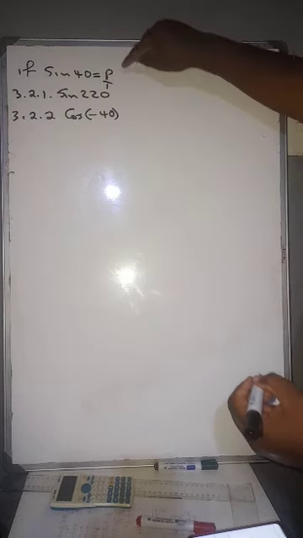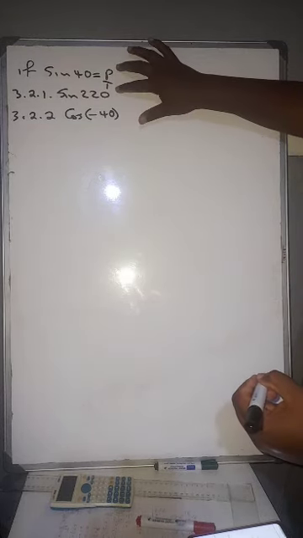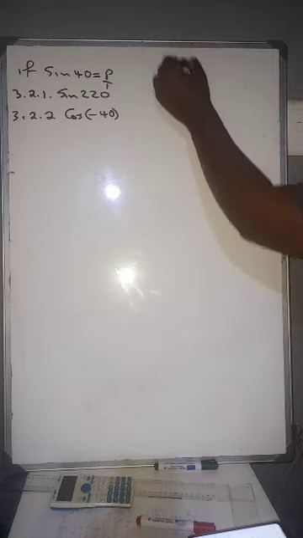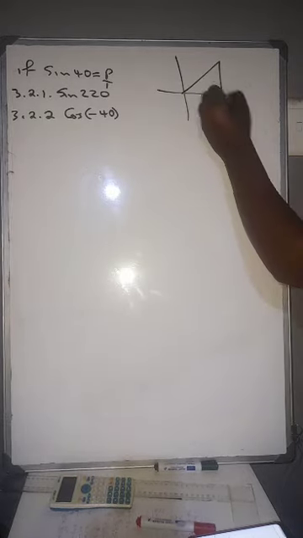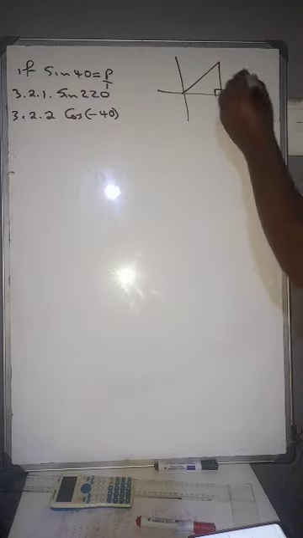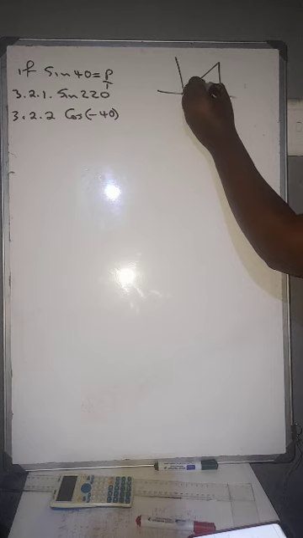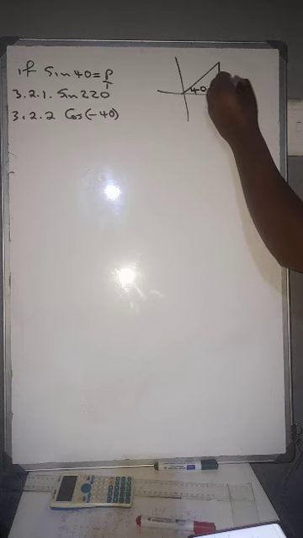So sine 40 is equal to p over 1, and you draw your diagram in the first quadrant once again, right? Sine is opposite over hypotenuse, so this is 40, the opposite is p, and hypotenuse is 1.